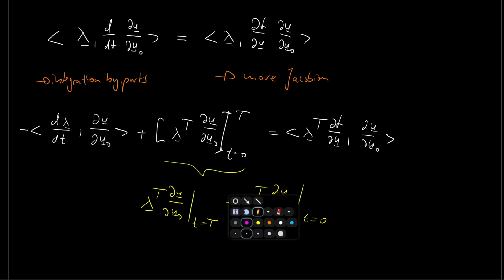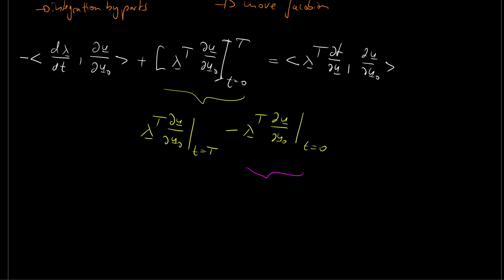So let's take a look at it here. Lambda transpose du by du0 evaluated at t equals 0 is essentially the same as taking lambda, evaluating it at 0, transpose, and then multiplying it with du0 by du0. Because obviously if we evaluate u at 0, this is the initial condition.